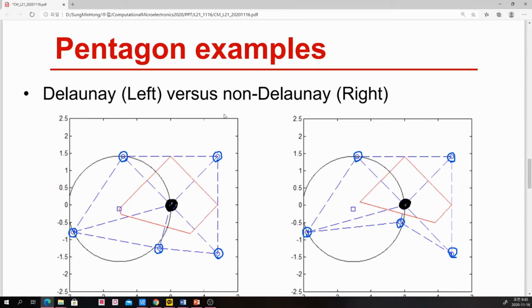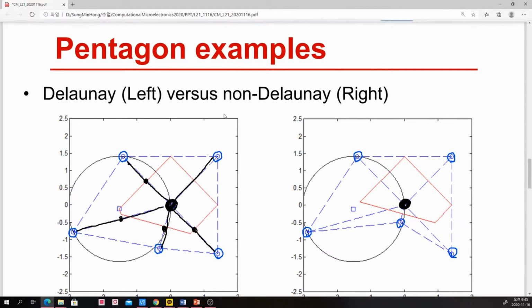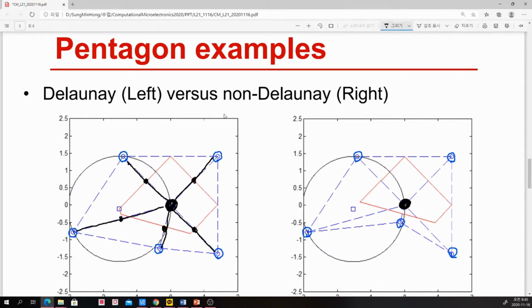Here we have 5 surrounding nodes, so we have to care about the first edge, second, third, fourth, and fifth edge. After that, calculate the midpoint of each, and draw the line perpendicular at the midpoint.